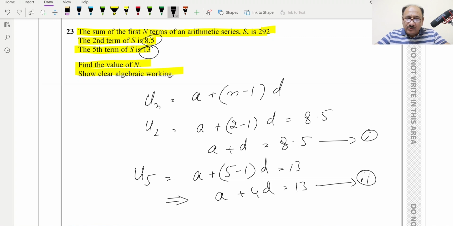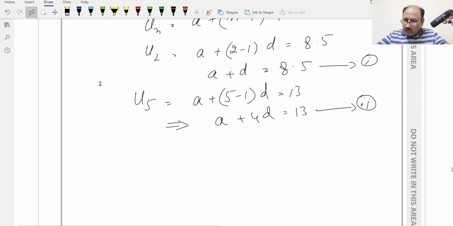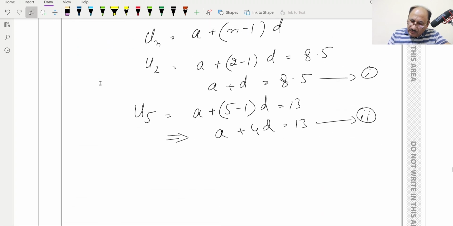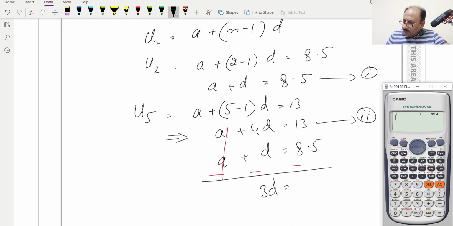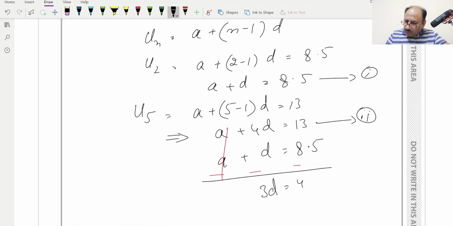Now we can solve equations 1 and 2 simultaneously. So we will be writing equation 1 over here, which is equal to 8.5, and we will be subtracting, changing sign and cancellation, and this will be 3d is equal to 13 minus 8.5, which is equal to 4.5.